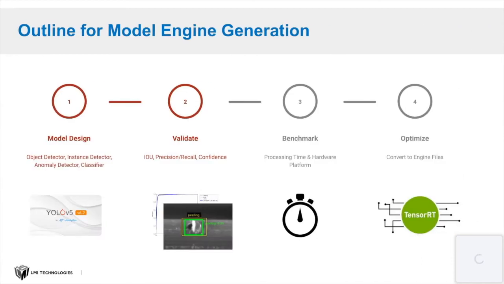So here are the several stages to deploy our model. First, it's the model design. We're using YOLO v5. This is because at the time when we were solving the application, YOLO v5 was the state-of-the-art model for object detection.